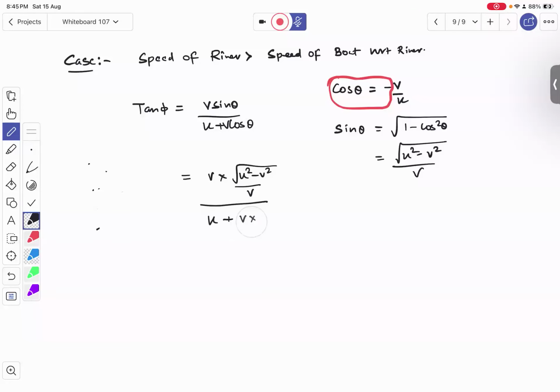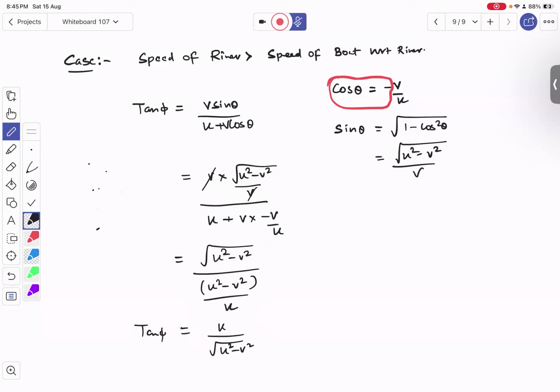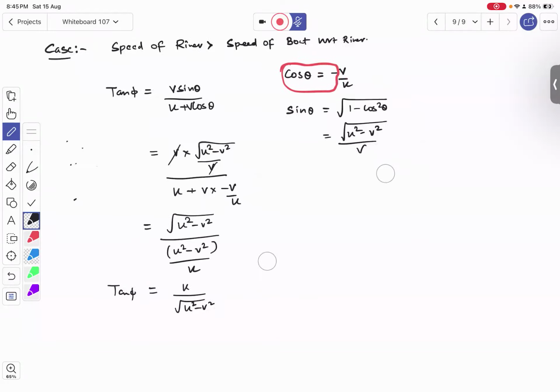So v into minus v by u. So this v is gone. We get root over u square minus v square by u divided by u square minus v square by u. So that will be u by root over u square minus v square. That is our tan phi. So cot phi from this we can totally find.